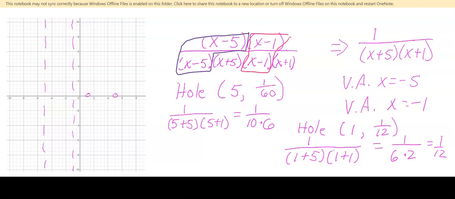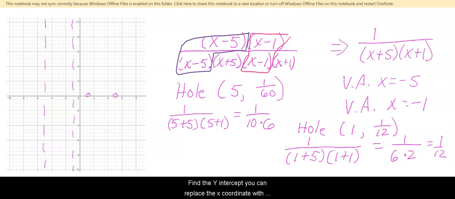Now, I need to determine what the rest of the graph looks like. The graph has to fit between the vertical asymptotes and cannot touch or cross them. It has to split and either walk up the vertical asymptote or down the vertical asymptote. To do this, I can also find the y-intercept.